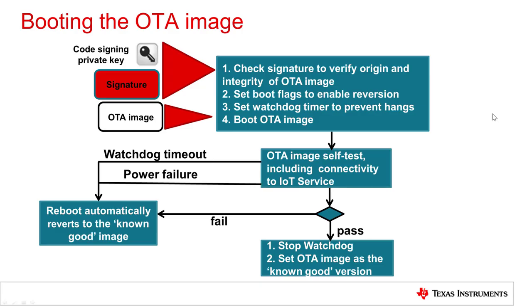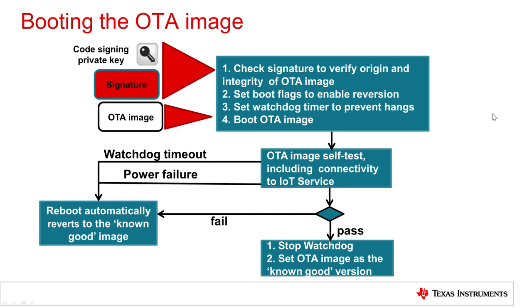The final step is to boot the new OTA image. The booting process should incorporate a number of checks to ensure that it works reliably and securely. The bootloader should be secure. By a secure bootloader, I mean the bootloader should check the signature of the image to authenticate that it comes from the device provider.